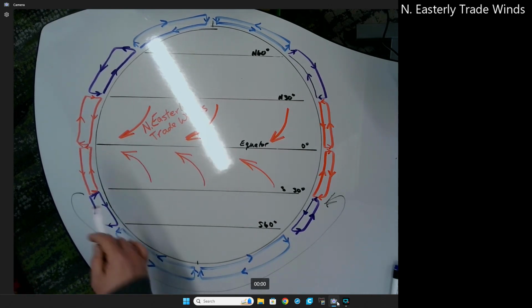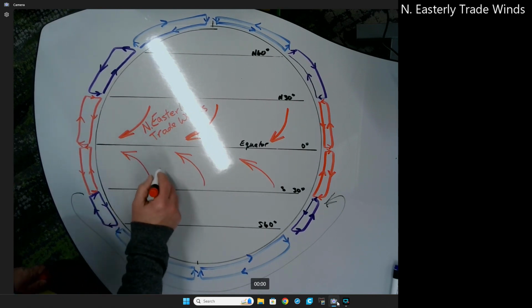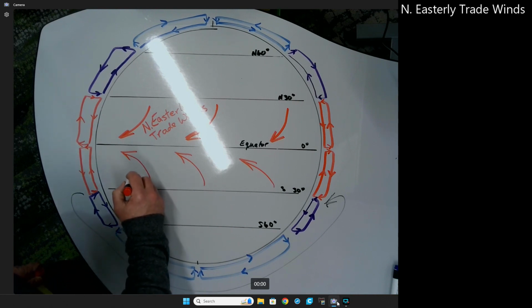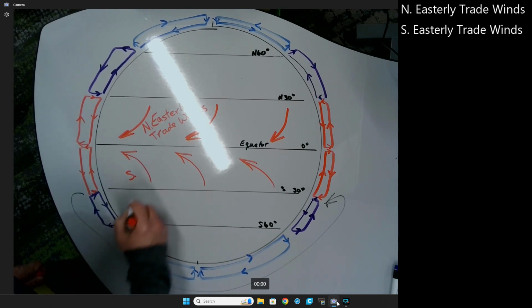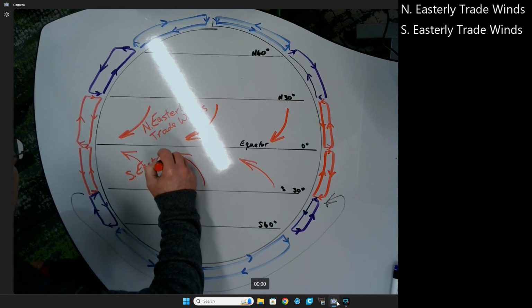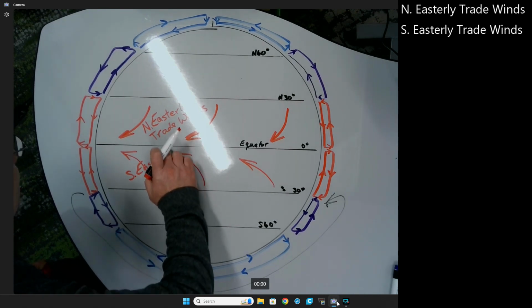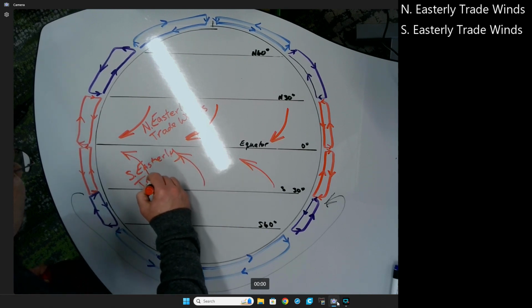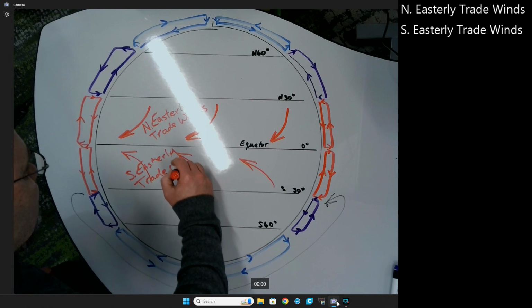And then down here, you've got the same winds, and I imagine you could guess: southeasterly trade winds.